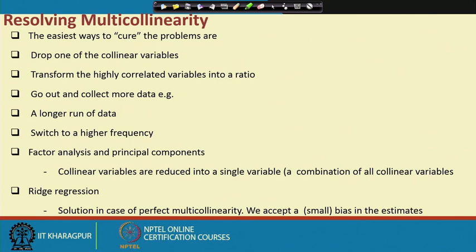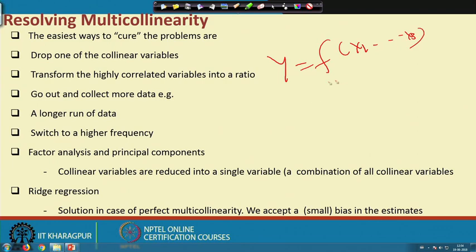For instance, for this problem, the full model is y equal to a function of x1 to x5. You run the model and check which variable has the highest significance. Then in the first step of stepwise, y is a function of x1 only.